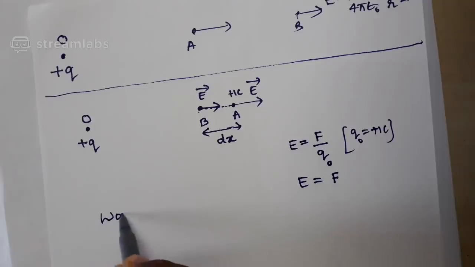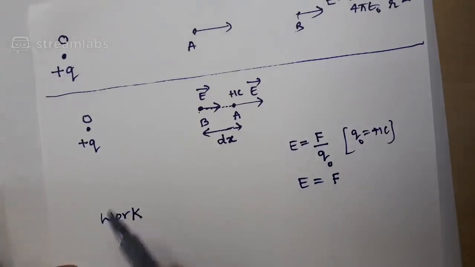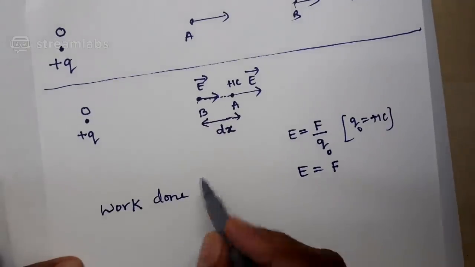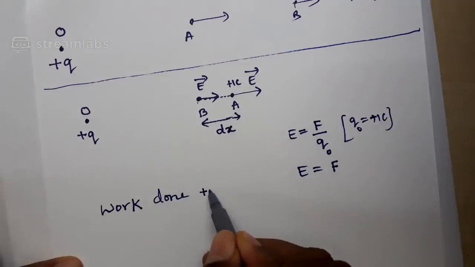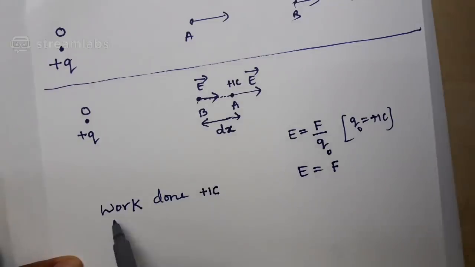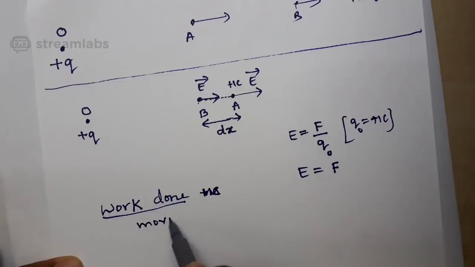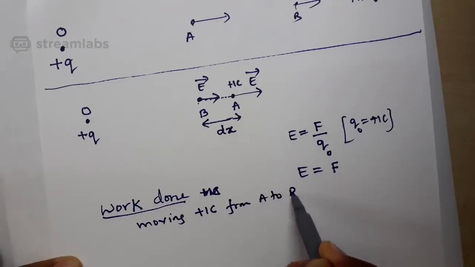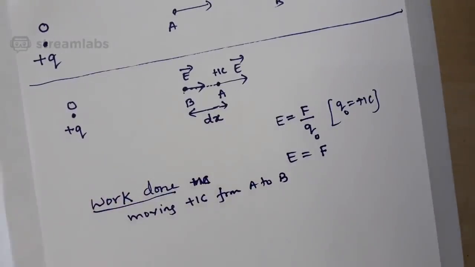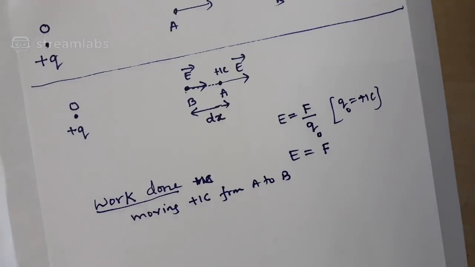If I ask you to calculate the amount of work done in moving a plus 1 coulomb charge from A to B, of course, it is true that the work done may be very small because you are moving a plus 1 coulomb charge only from A to B. But you have to agree that there is work done.